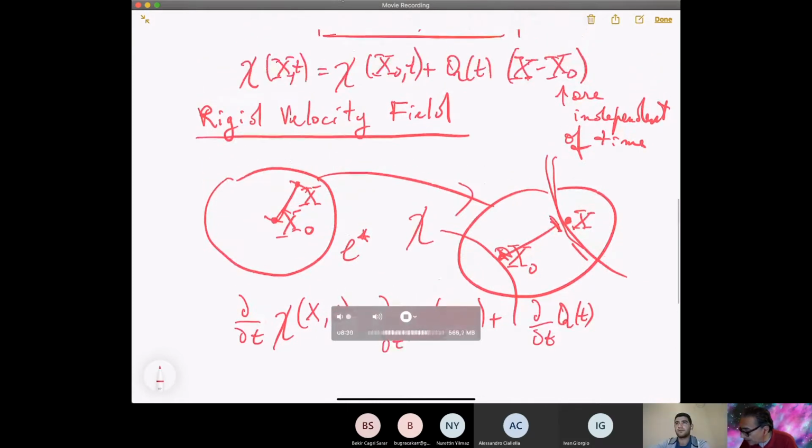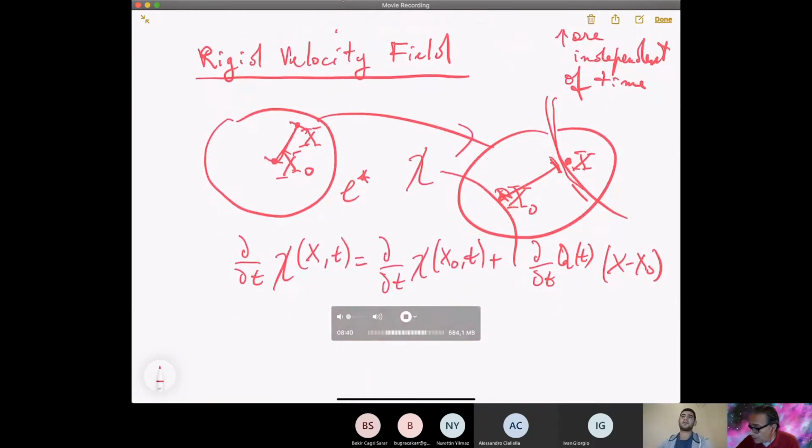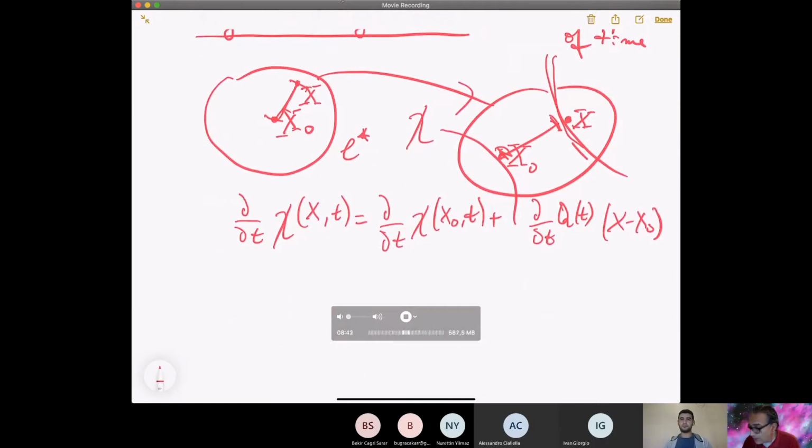And here you have X minus X0 because nothing else is changing with time. Okay. So I will not write all arguments from now on, otherwise it becomes very difficult.